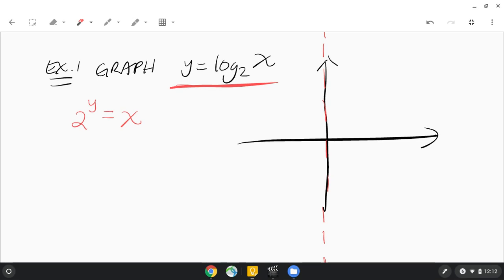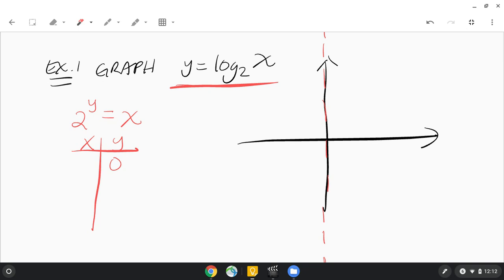This might be a little bit easier to graph. What's easier to plug into this function, x values or y values? Hopefully you said y values. So I'm going to plug in 0, and I'm going to plug in 1, and I'll plug in -1.